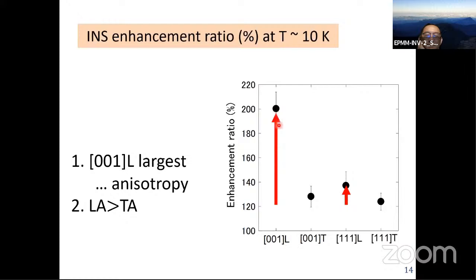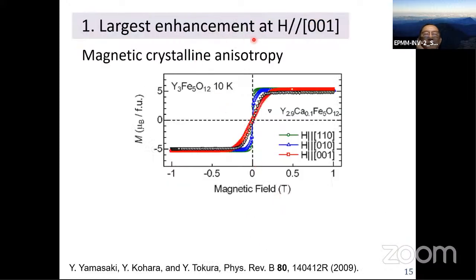This large enhancement was observed under the magnetic field along 001. So let's see the magnetic field direction in this magnetic hysteresis of YIG at 10 Kelvin. As you see, this red line is the hard axis.